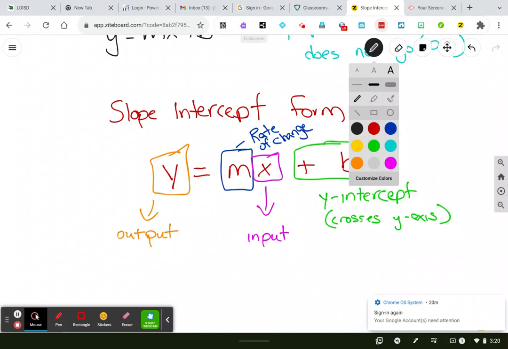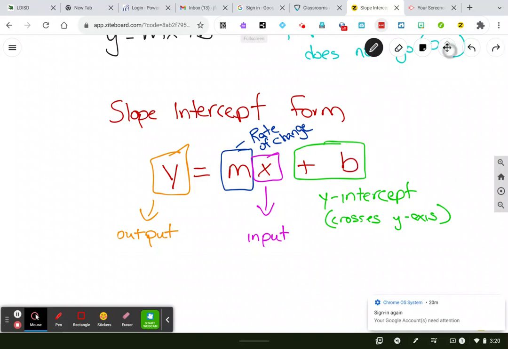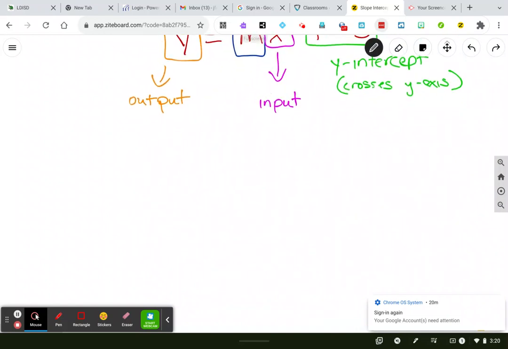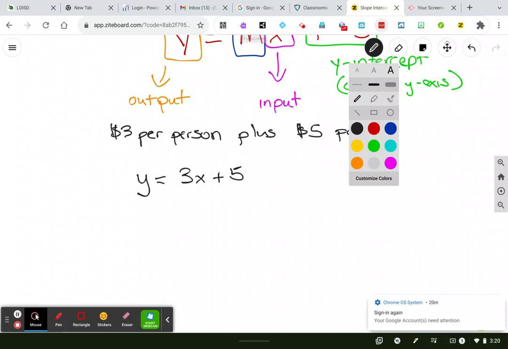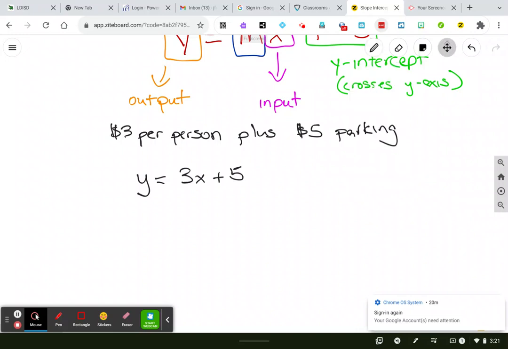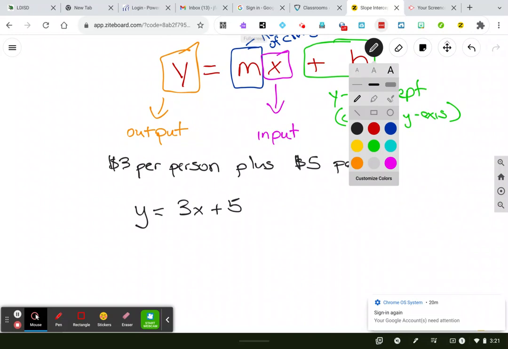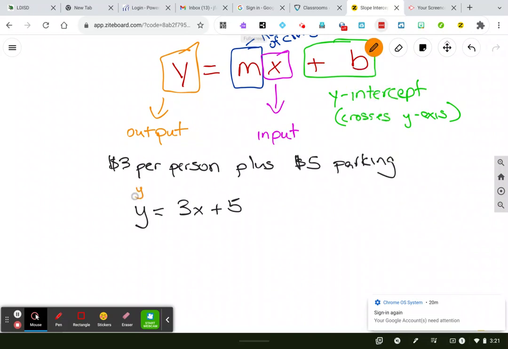So I was able to write an equation. That's $3 per person plus $5 parking. So if you look at this, it has the same look as this.